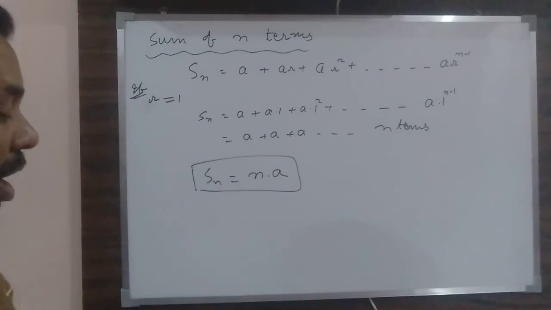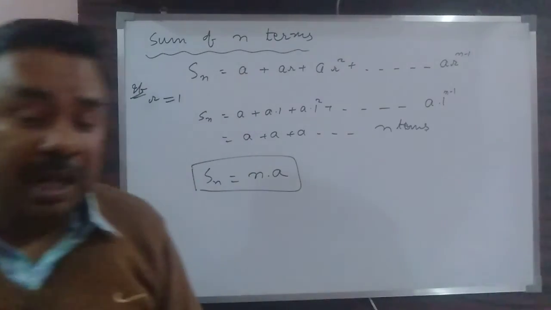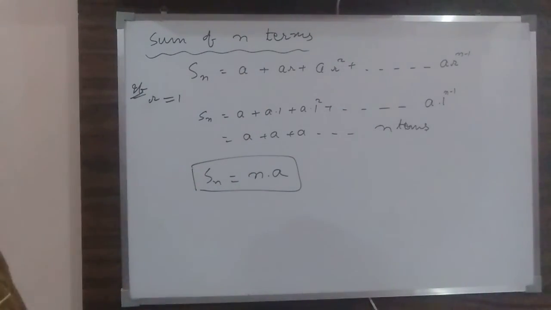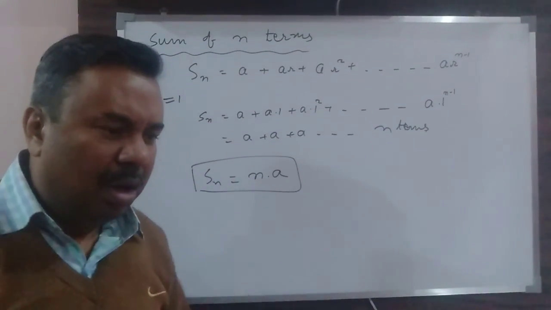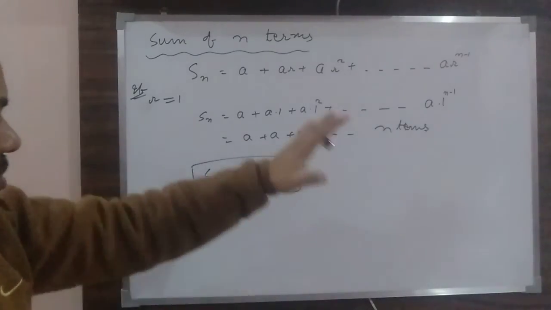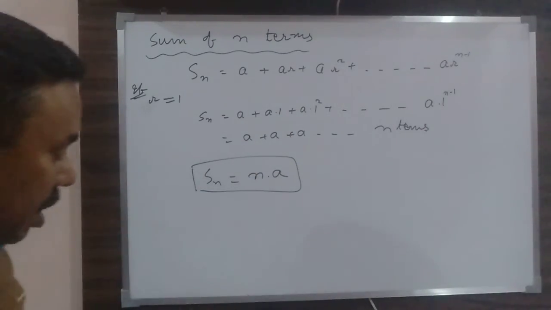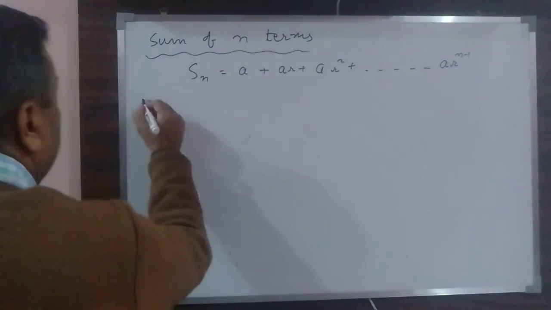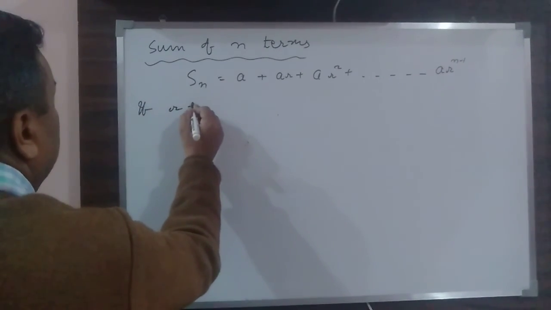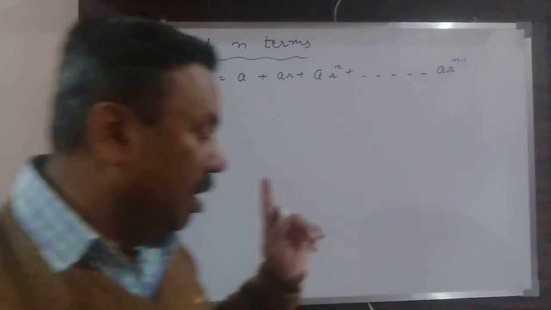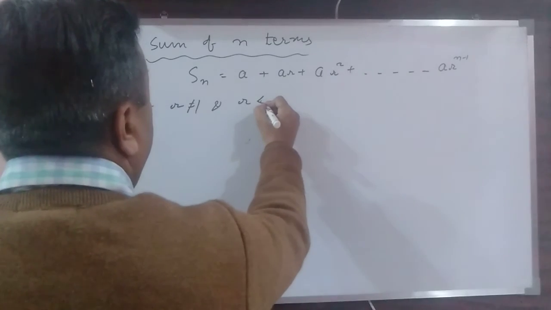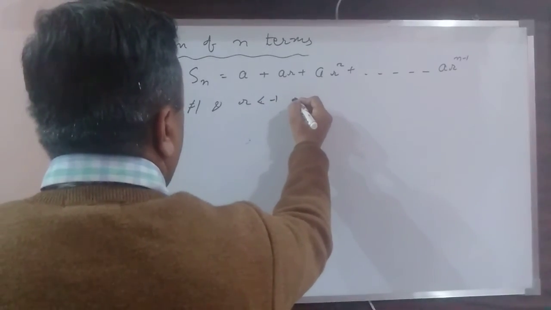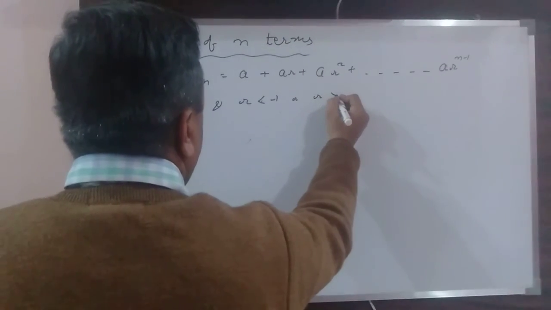Okay, now the second condition what I am taking is if r is not equal to 1, first thing, and the second thing is that r is either less than minus 1 or r is greater than 1.